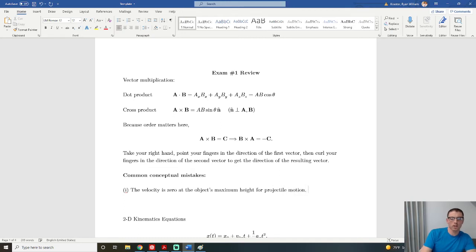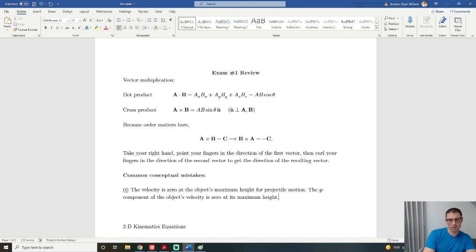So this is the incorrect statement, right? Because the correct statement is that the y component of the object's velocity is 0 at its maximum height. So I'll just cross this out, so we all know that this is the incorrect one.